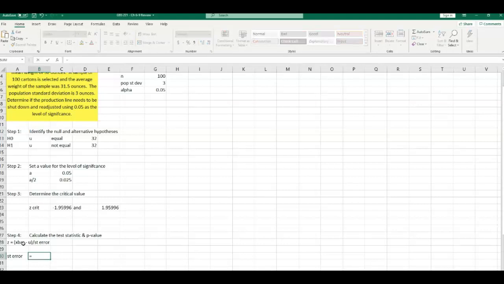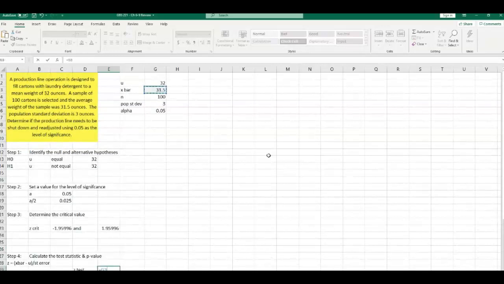Our standard error is our population standard deviation divided by the square root of n. That gives us a standard error of 0.3. Now, our test statistic, we can take our sample mean, our x-bar, subtract that from our population mean, right?